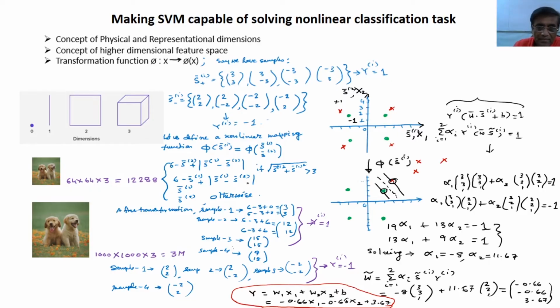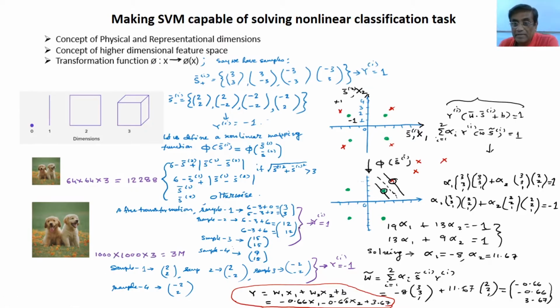Why? Because S1 squared is 4 plus 4, 8, root of 8 is less than 3. So this will apply for them. So that's the reason they remain where they were.